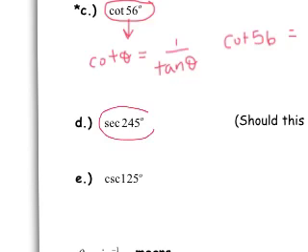So when you're doing secant, there's, again, not a secant button, so we're going to use cosine. So this is 1 over cosine of 245. So 1 divided by cosine 245, close the parentheses, is equal to negative 2.366.